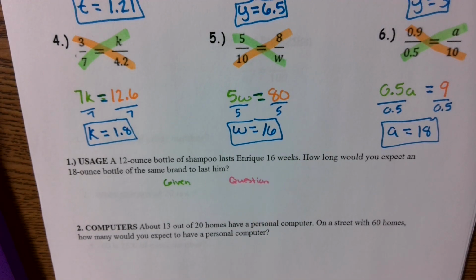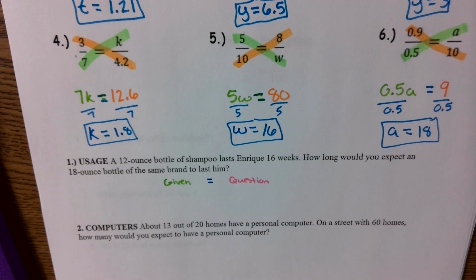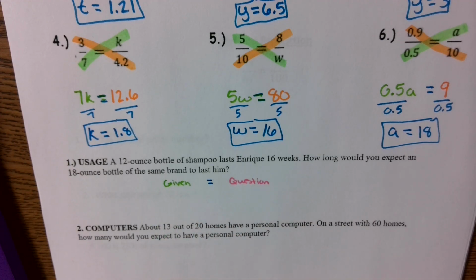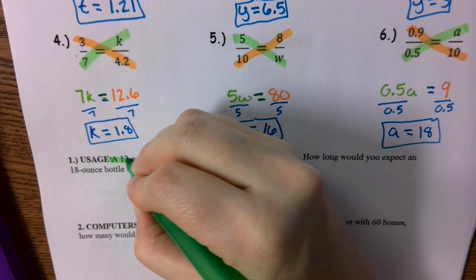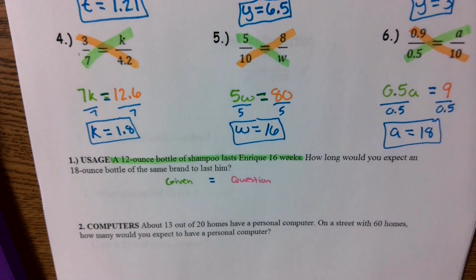You're setting up the information that has been given to you and setting it equal to the question that's being asked of you. So when we look through this problem, the only information that's fully given to me is the first sentence: that 12 ounces of shampoo is going to last him 16 weeks.